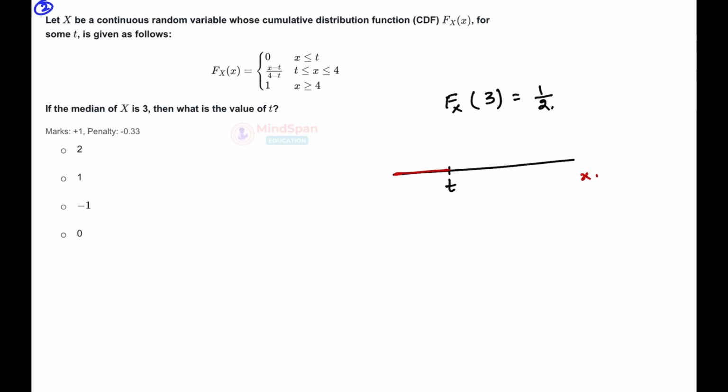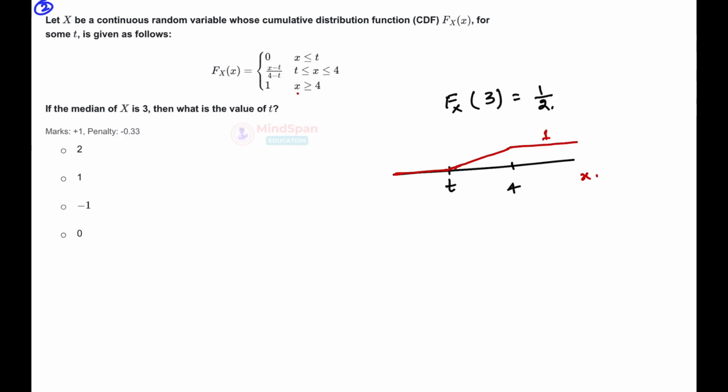And from t to 4 we have this relation, right. So it would be, I think, a straight line passing through t. So from t we started accumulating some probabilities, right? And after x greater than 4 we have accumulated all the probabilities.